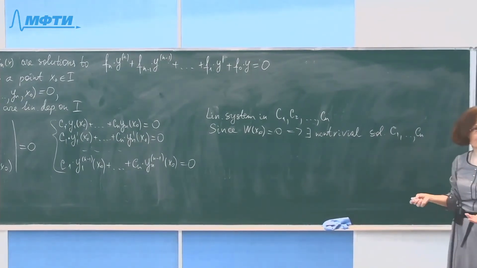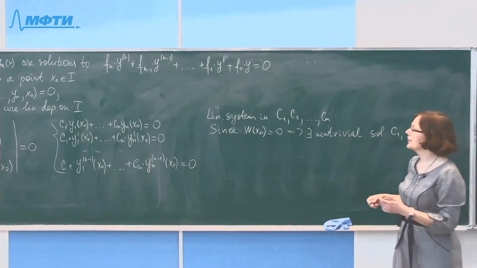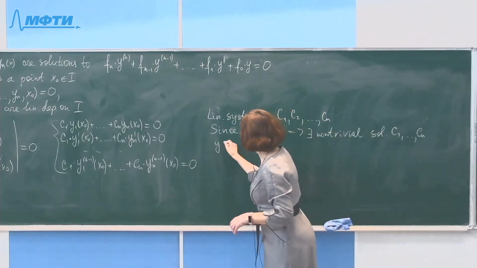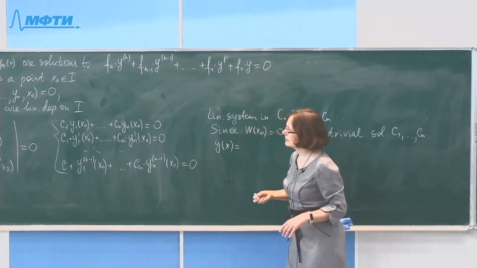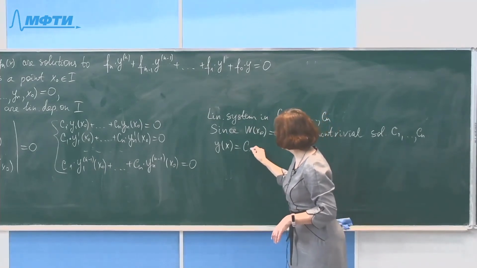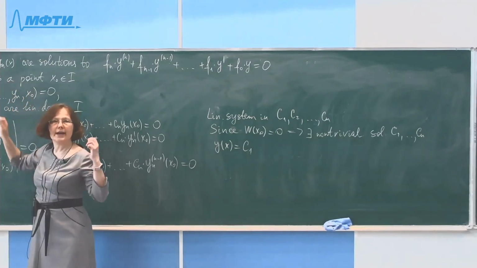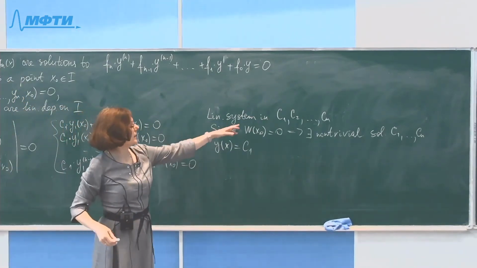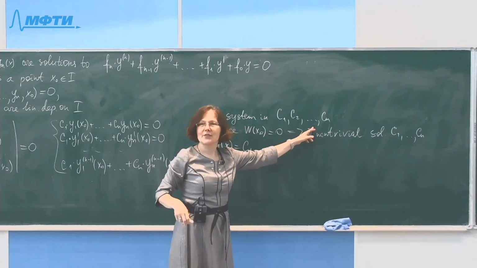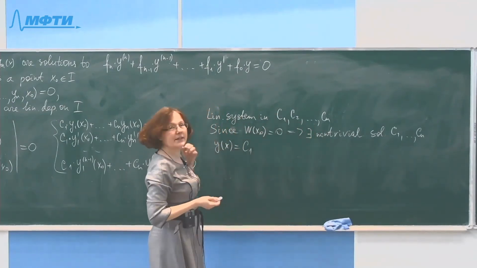They are not all 0. Okay, so let's consider the function y of x, which is equal to the linear combination of the given functions with these coefficients that are solutions of this linear system.